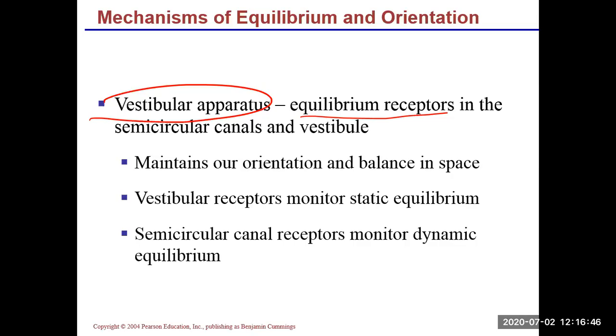What does it mean by these? I'll give you a scenario to understand this, and then hopefully I'll give you an example of each so you can relate it. So this is maintaining orientation and balance in space. Let's say you're jumping, and while you're jumping, you're rotating in the air, but then you land on your legs and you're fine. You can balance yourself.